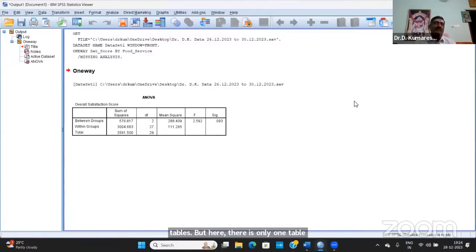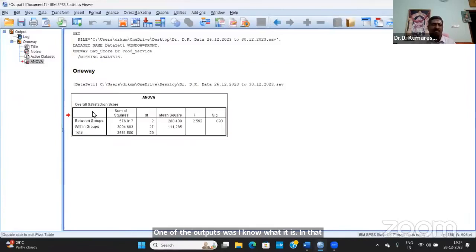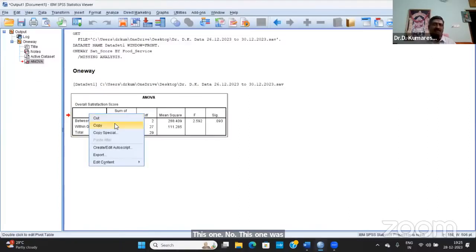Yesterday, I told you, while performing the regression analysis, one of the outputs was ANOVA table.